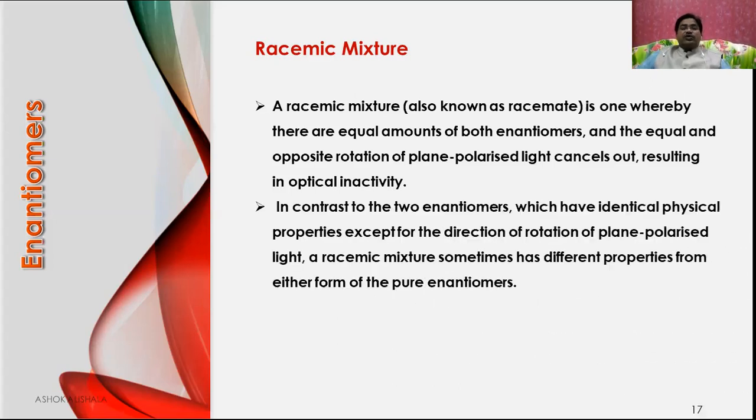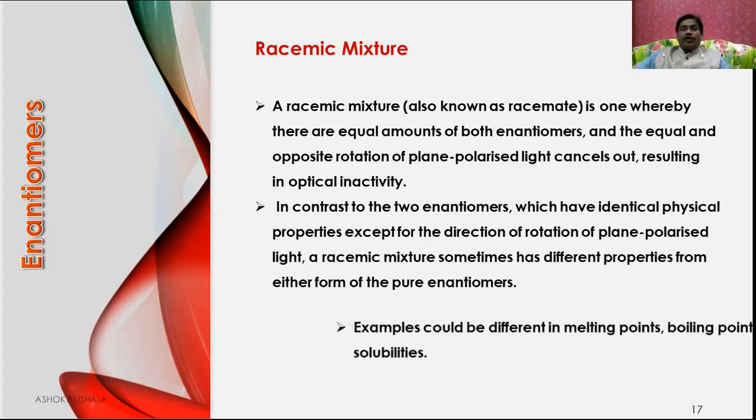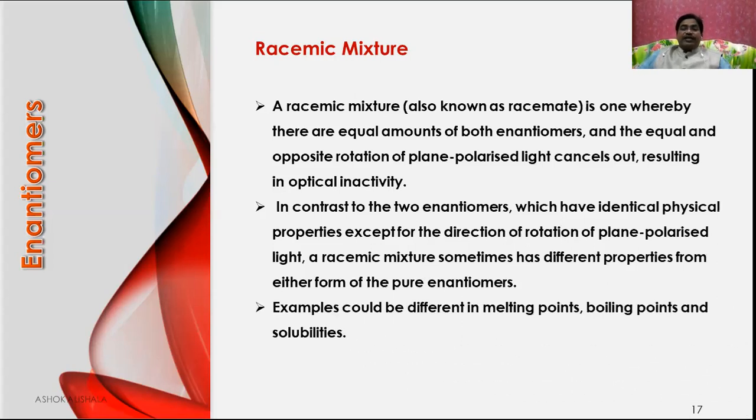In contrast to the two enantiomers, which have identical physical properties except for the direction of rotation of the plane polarized light, a racemic mixture sometimes has different properties from either form of the pure enantiomer. Examples could be differences in melting points, boiling points, and solubility.